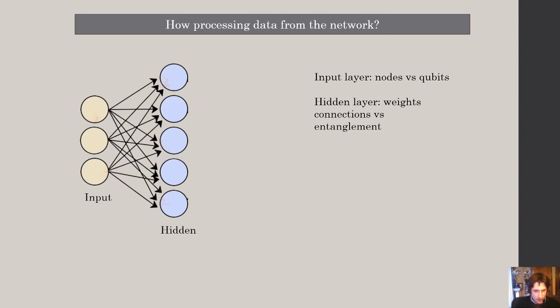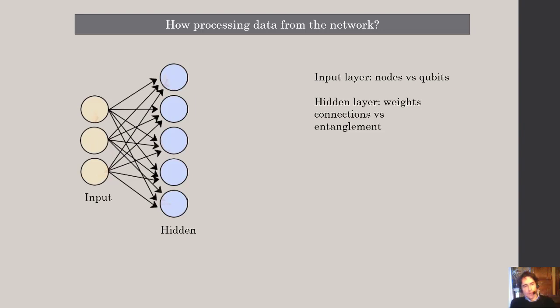So that's the difference between nodes in classical computers and qubits in quantum computers. And to do the interaction, we use gates to modify the states. So we have classical gates for nodes and quantum gates for qubits.